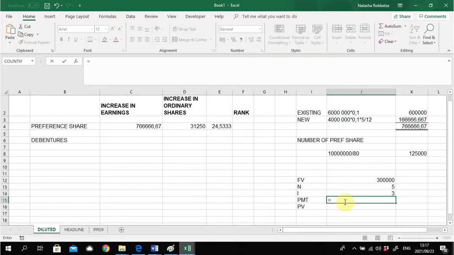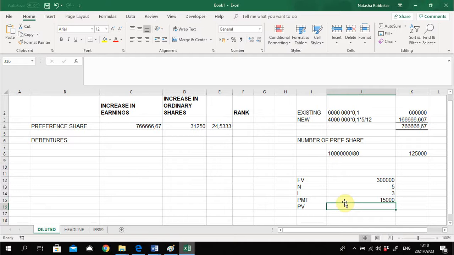And then the payment will be calculated as a function of the future value at the rate that the entity offers. So that was 100 rand times 3,000 times the rate offered of 5%, which gives us 15,000.